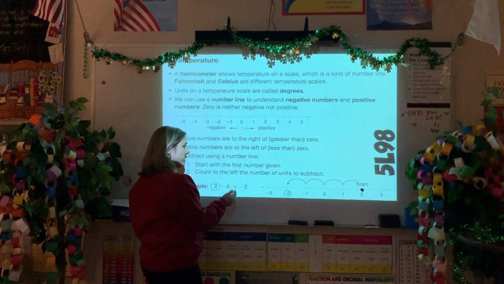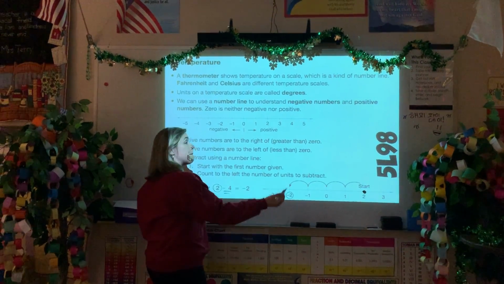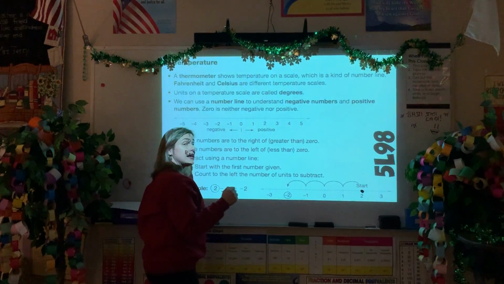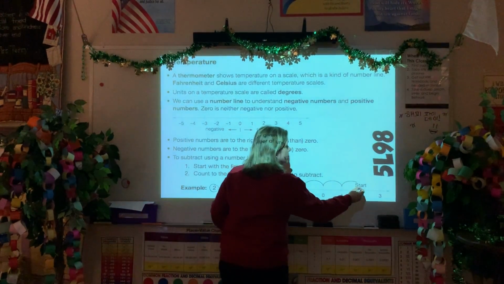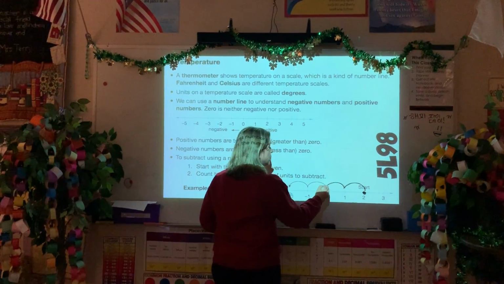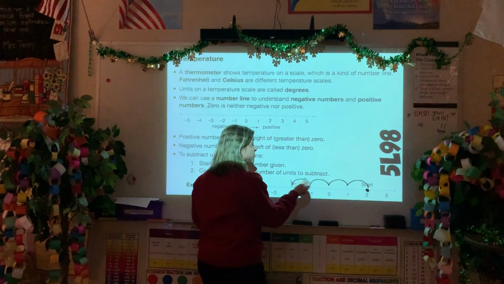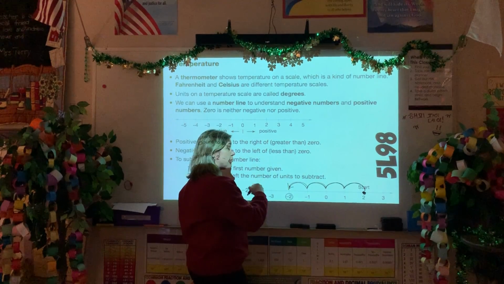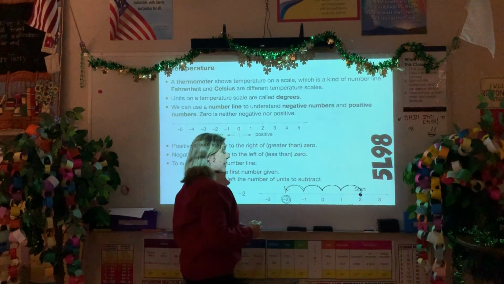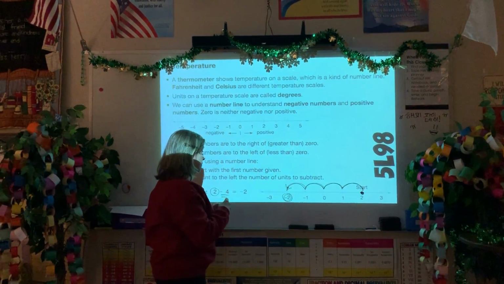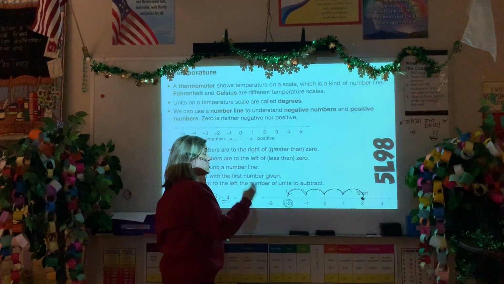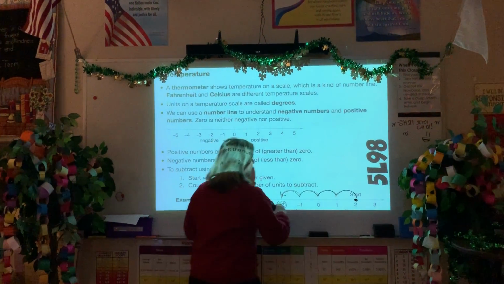And we're going to take away 4. So that means we're going to go back 4 hops. Not tick marks, but hops, okay? So we're going to go 1, 2, 3, 4. After we've gone that 4th hop, those 4 segments, the answer is -2, because 4 hops away from +2 is -2. So that is the answer to that.